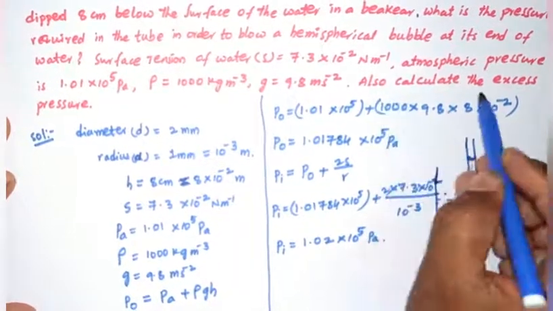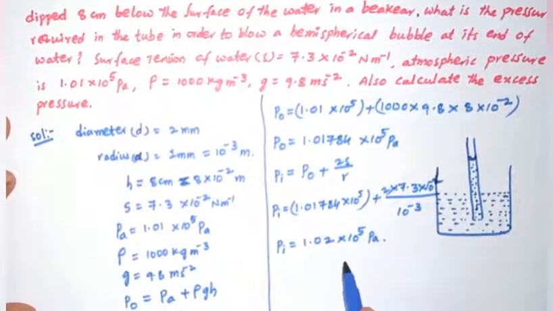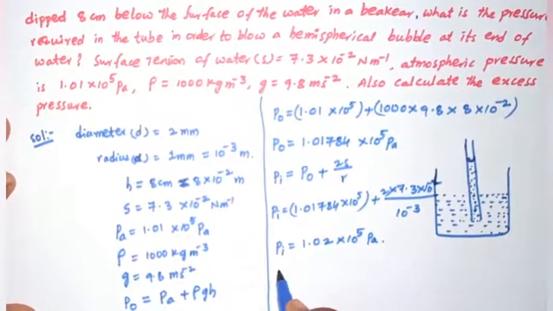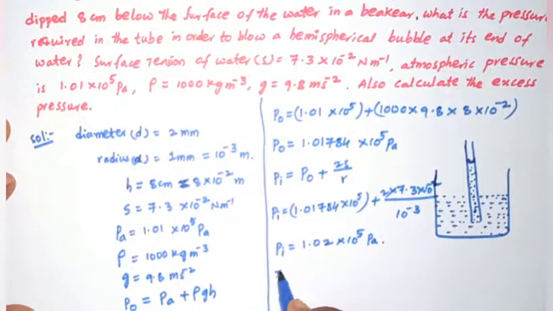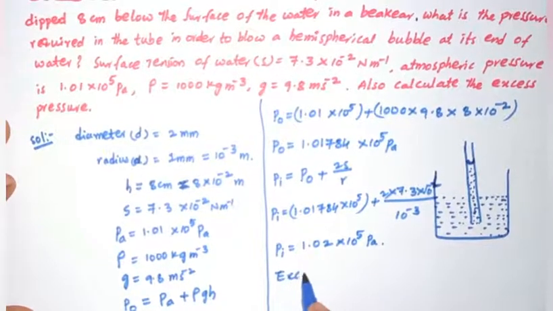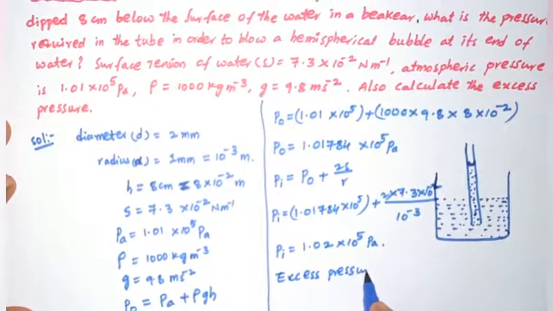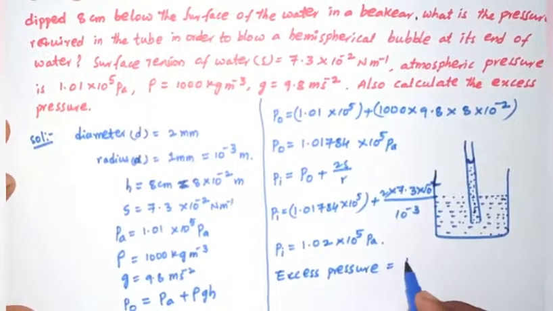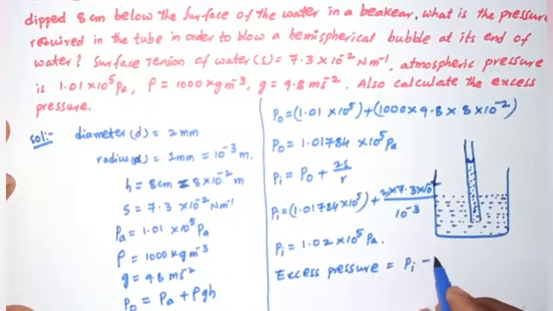Then also calculate the excess pressure. Excess pressure is nothing but PI minus PO.